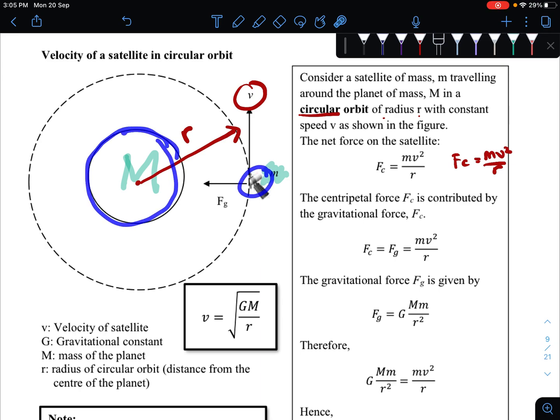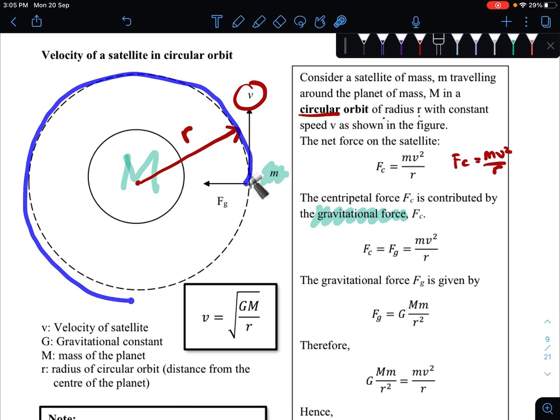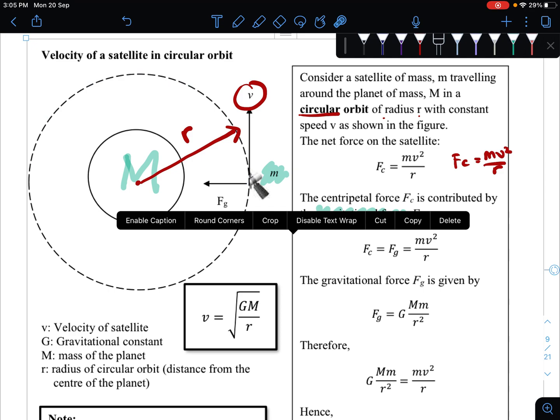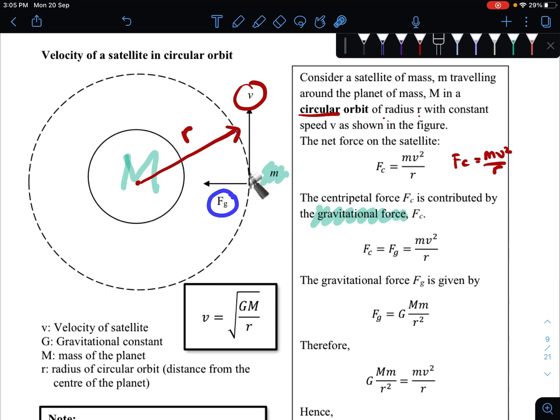As you can see, you have a planet and a satellite here. These two objects will experience gravitational attraction force. They will be attracted towards each other. So basically, the force that contributes to the centripetal force is actually the gravitational force. The force that causes our object to move in a circle is actually due to the gravitational force experienced by these two objects, the planet M and our satellite.